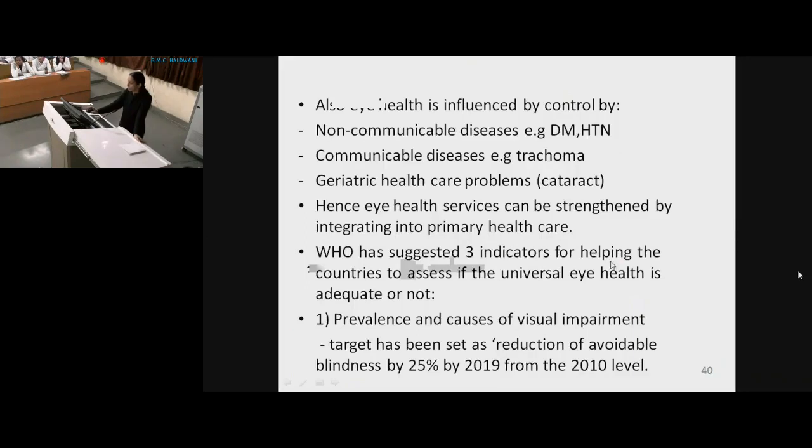WHO has suggested 3 indicators for helping the countries to assess if the universal eye health is adequate or not. So, what are these 3 indicators? Number 1 is prevalence and causes of visual impairment. Target has been set as reduction of avoidable blindness by 25%. This target has to be remembered: 25% by 2019 from the base level of 2010.